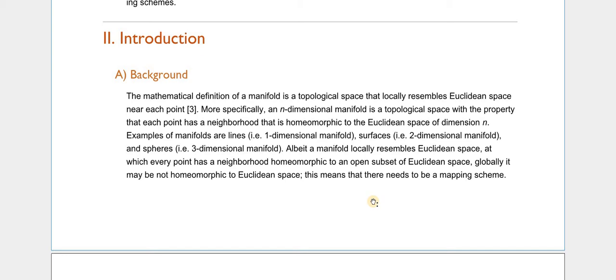So what is a mathematical definition of a manifold? Well, first of all, this is a topological space that resembles a Euclidean space. As we've been exposed to in the past, in Euclidean space, very commonly we know how to measure the distance of a line using the Pythagorean theorem or distance formula.